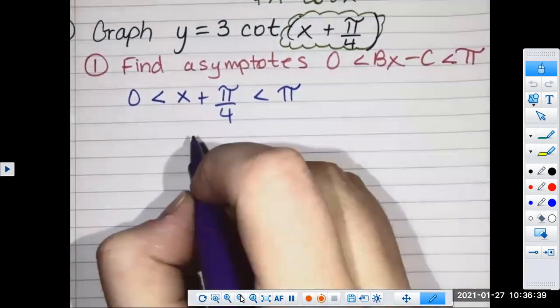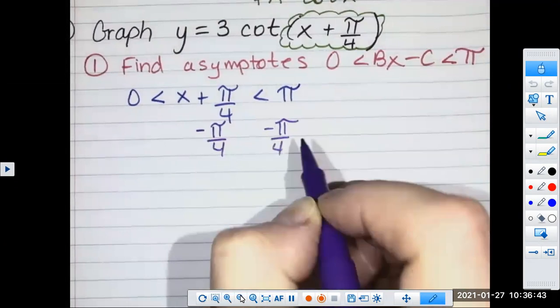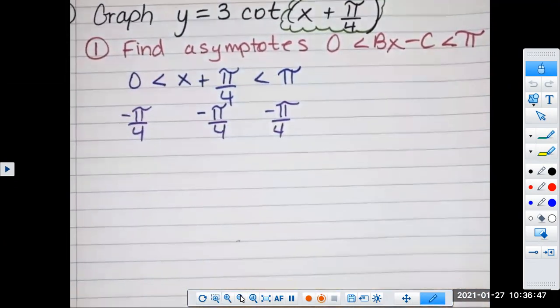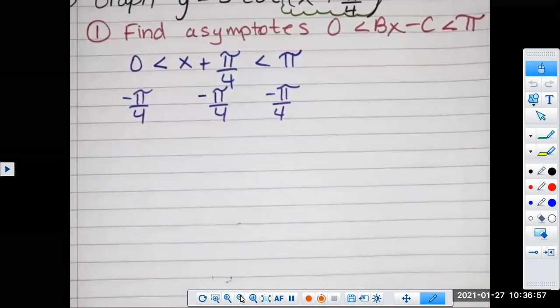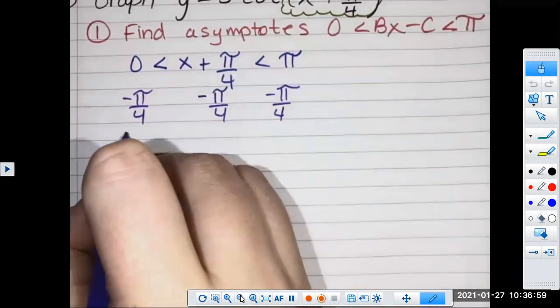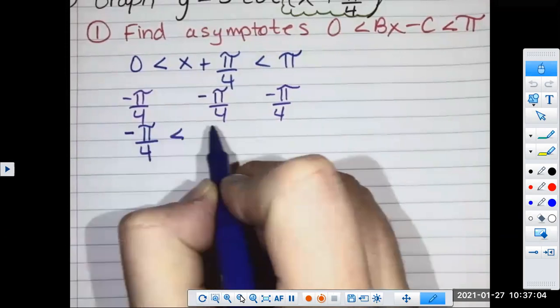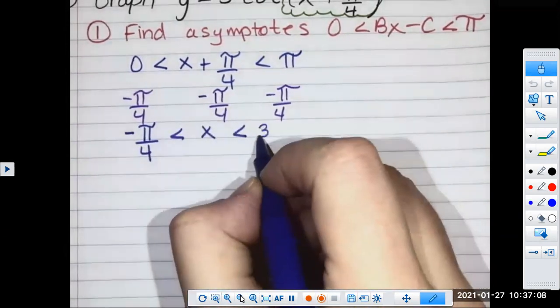Okay, you've got to subtract pi over 4 from all three parts. So you end up with an asymptote at negative pi over 4 and 3 pi over 4.